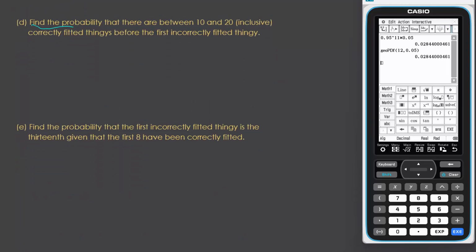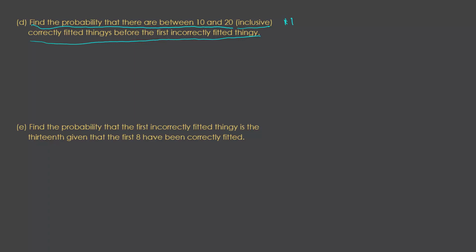Find the probability that there are between 10 and 20 inclusive, so altogether for 10 to 20 inclusive there are 11 probabilities in there, correctly fitted thingies before the first incorrectly fitted thingy. Now, how would we do that without the ClassPad? Or at least just for doing manual calculation?